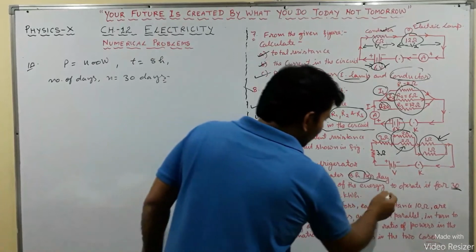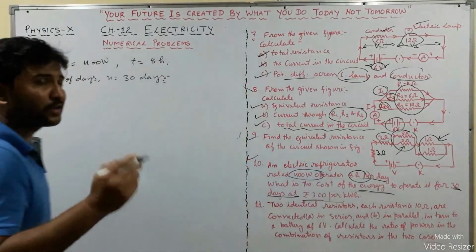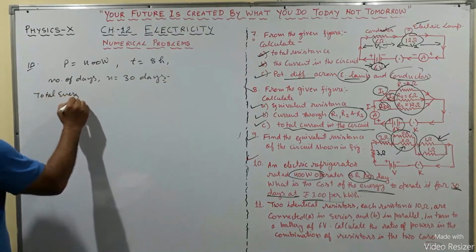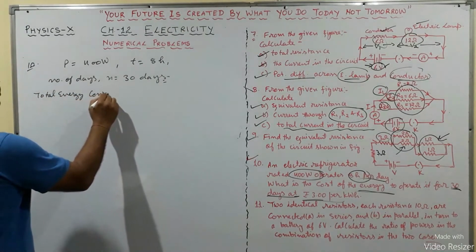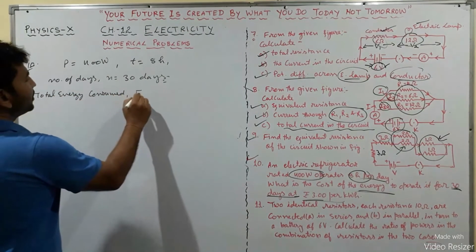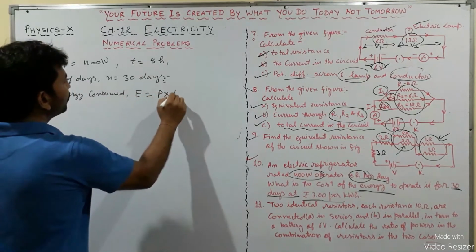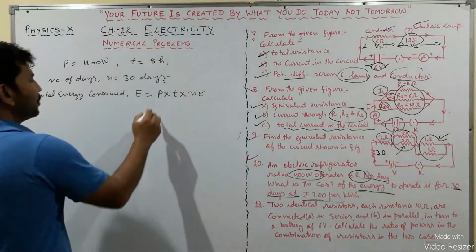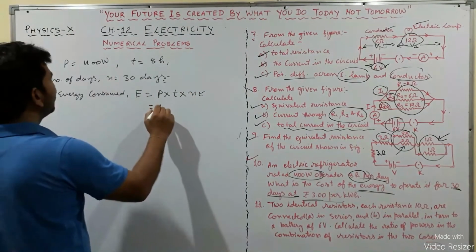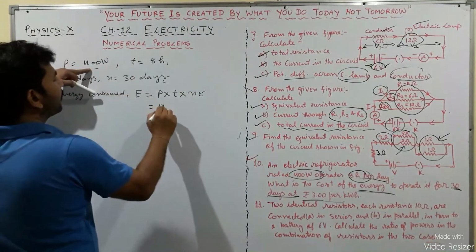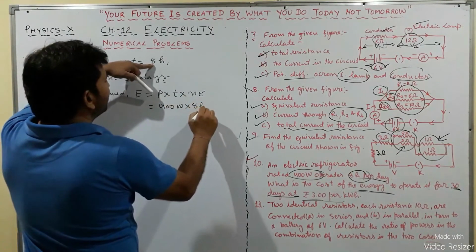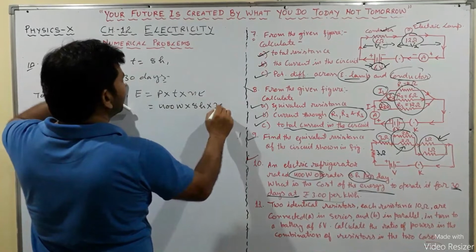Before calculating the cost, we need to calculate the total energy consumed. So total energy consumed, that is E is equal to P into T into N, where N is the number of days. By putting the value, P is 400, time is 8 hours and N is 30.